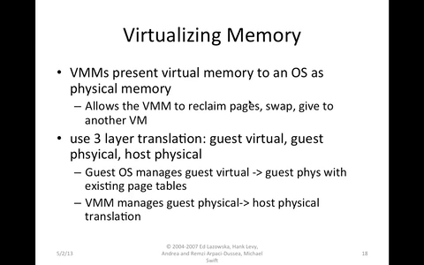So the VMM will basically give the guest OS, in some piece of memory, a mapping of guest physical addresses to host physical addresses. So the guest OS now knows exactly what is the host physical address for a given guest physical address.